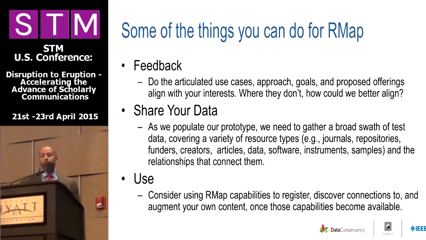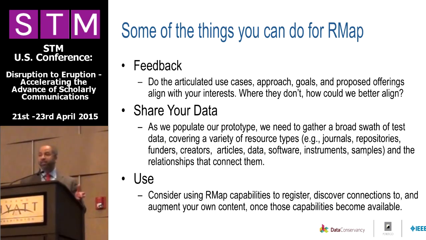So what can you do for RMap? We would really like to have your help. We would like to get feedback from this community about the way we've done things, the things that we think we'd like to do, and see how they align with your interests. We'd like to use your data in some cases.